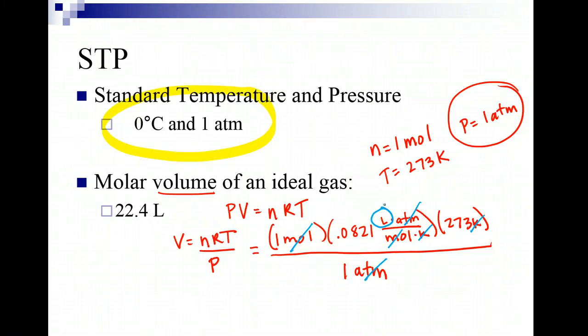So if you go ahead and crunch this out on your calculator, we should get an answer of 22.4 liters. And so no matter what gas we have, if we have 1 mole of it and it is at the conditions of 1 atmosphere and 0 Celsius, it will have a volume of 22.4 liters.